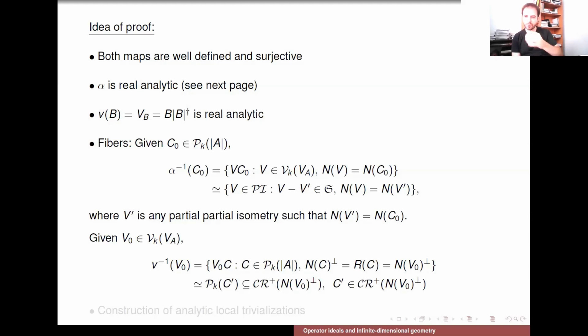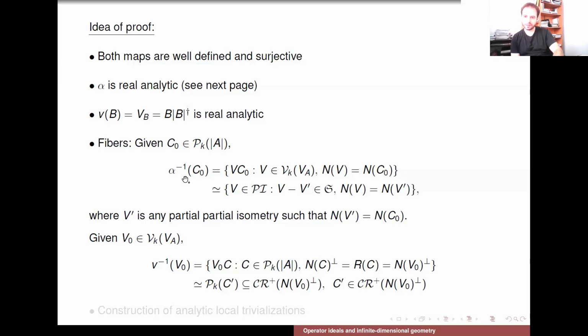I would like to show you the form of the fibers here. Suppose that we fix C0, a positive operator in this orbit.